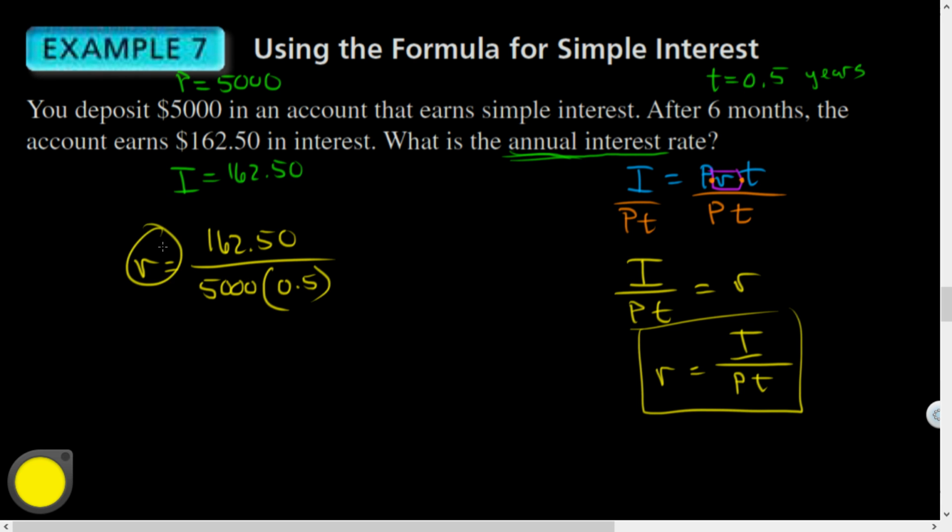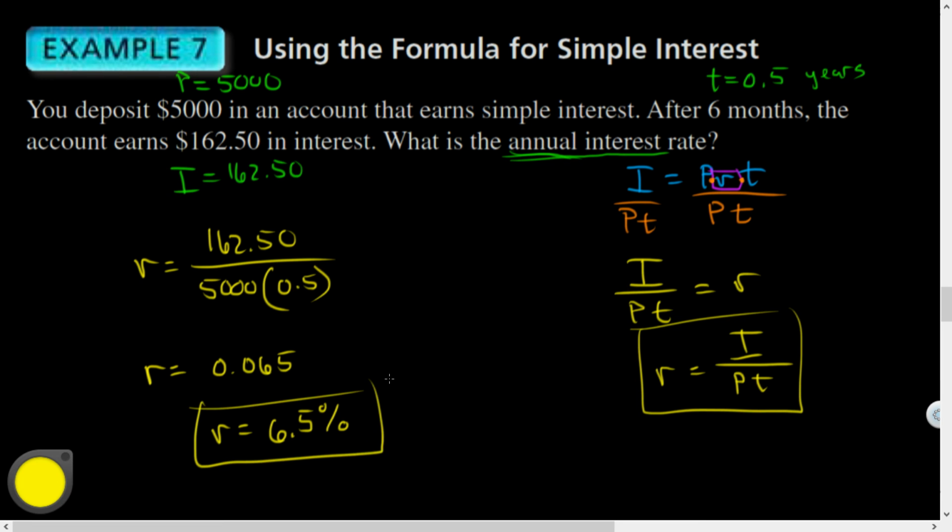And it's nice that this formula is already solved for R. I could now teach a spreadsheet to do this formula for me, and it would work all of the time. And I get R equals 0.065. Yeah, those are actual numbers. And that means R is 6.5%.